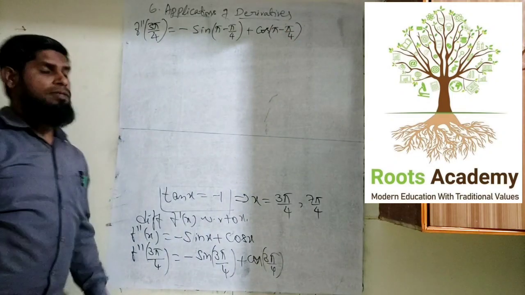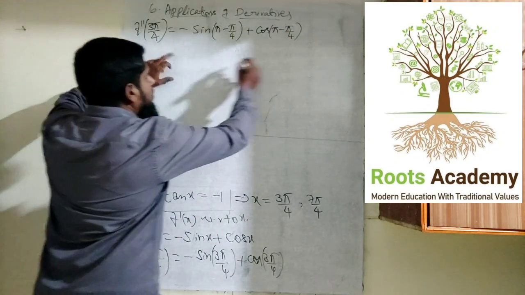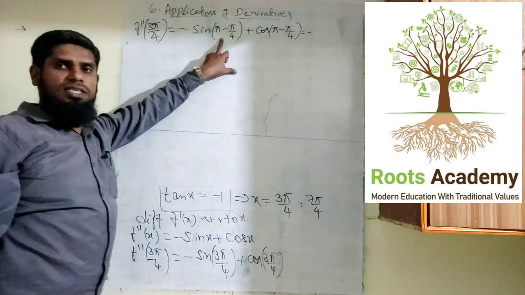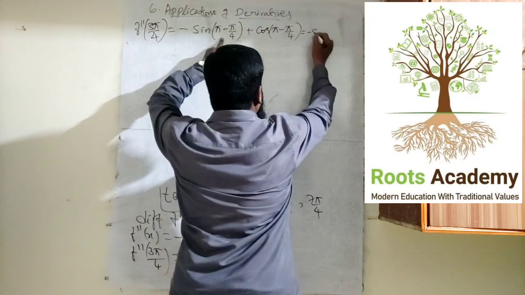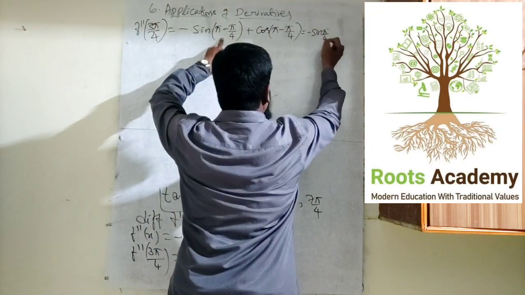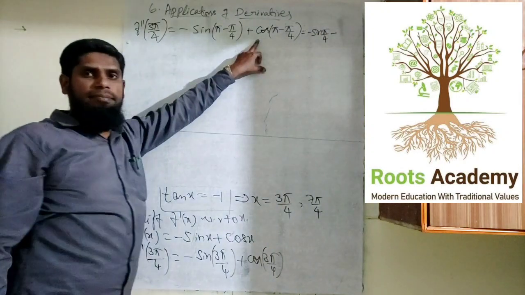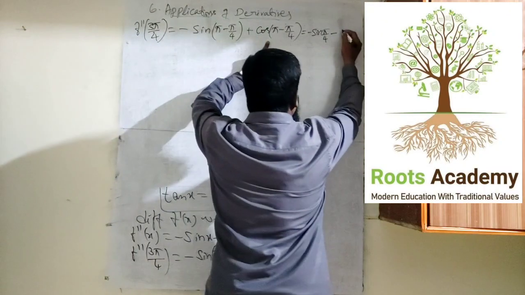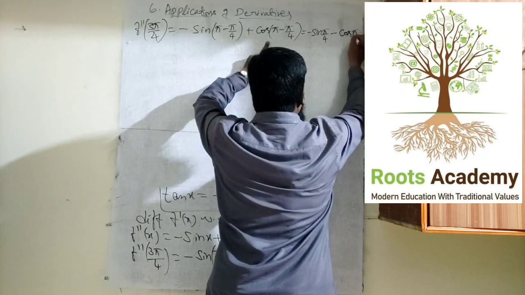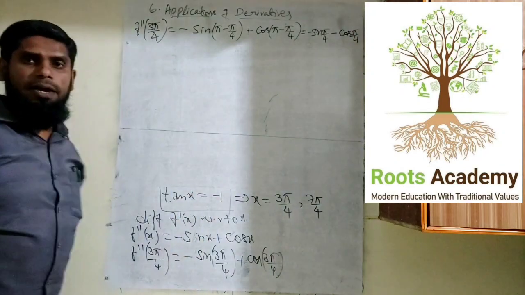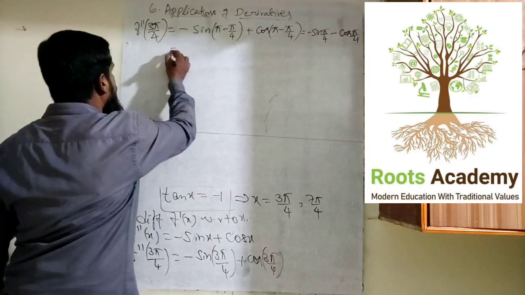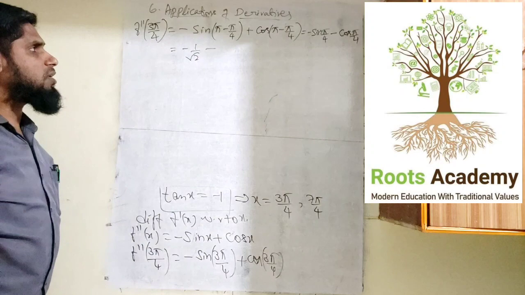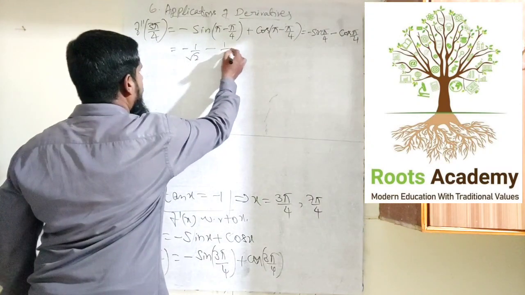What happens to this? Sin of 180 minus theta is sin theta, so minus sin pi by 4. Cos of 180 minus theta is minus cos theta, so plus into minus is minus cos pi by 4. Sin pi by 4 is 1 by root 2, so it is minus 1 by root 2, minus cos pi by 4, which is also minus 1 by root 2.